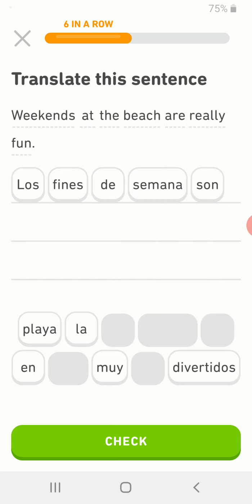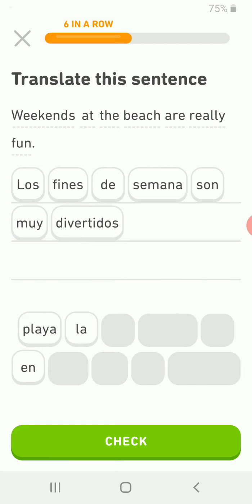Muy is very, but sometimes really might also mean very. So that's correct. Los fines de semana son muy divertidos. So notice that semana is a feminine noun, but fin de semana is a masculine noun. So the week is la semana, but the weekend is el fin de semana.